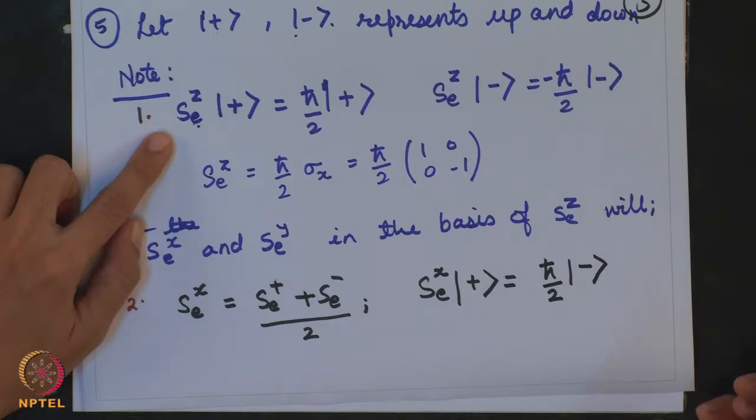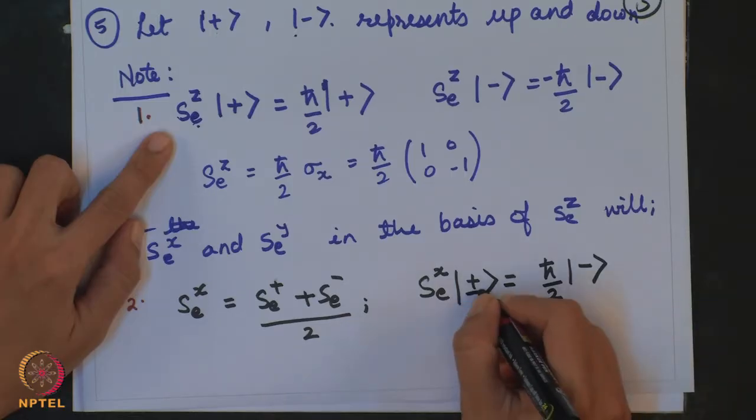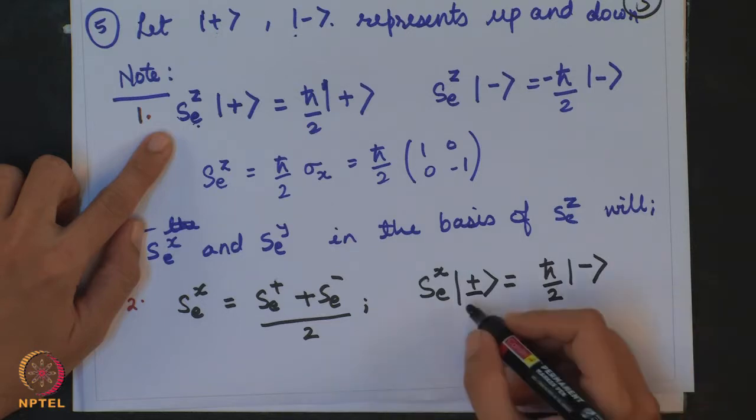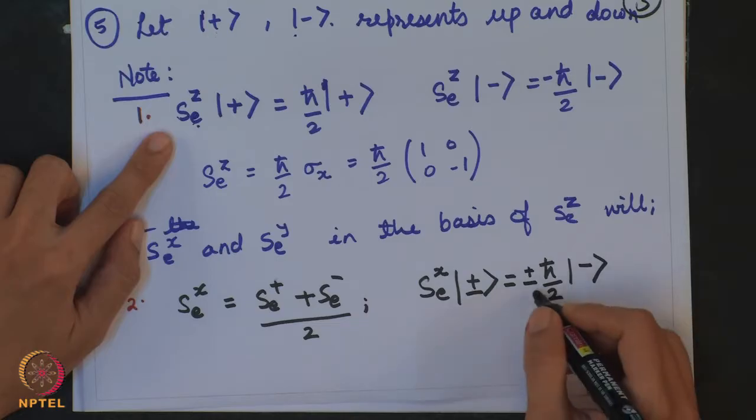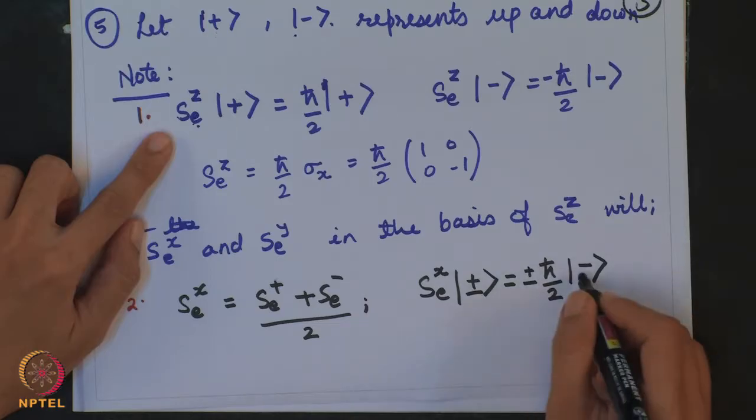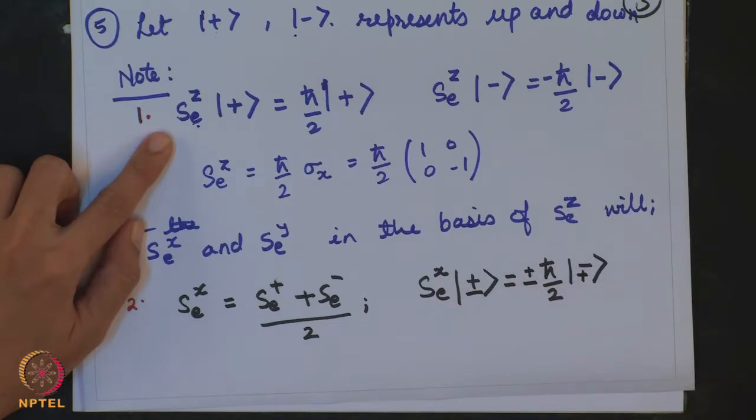Similarly, if you operate on the down state, it will project out minus h cross by 2 and it will flip the state.